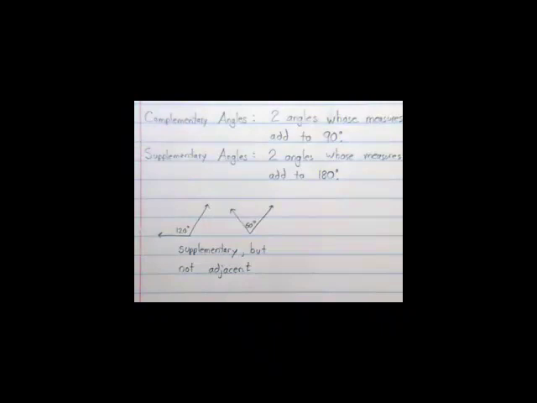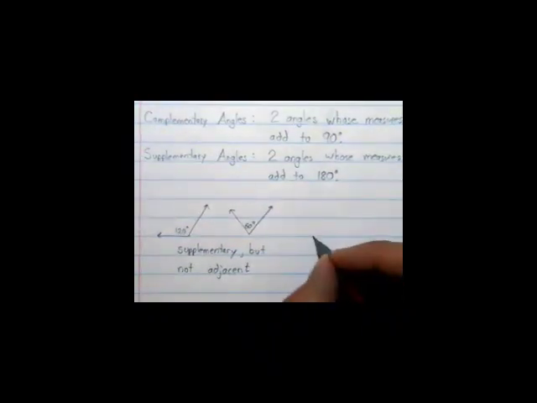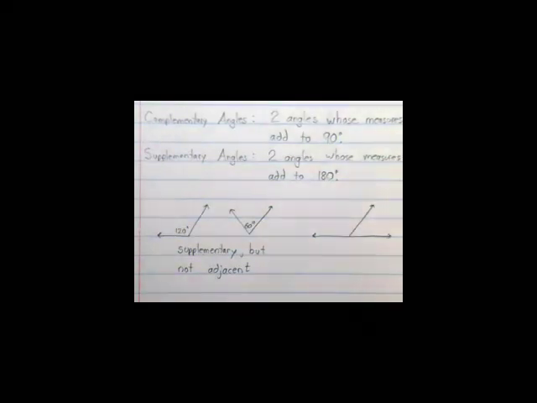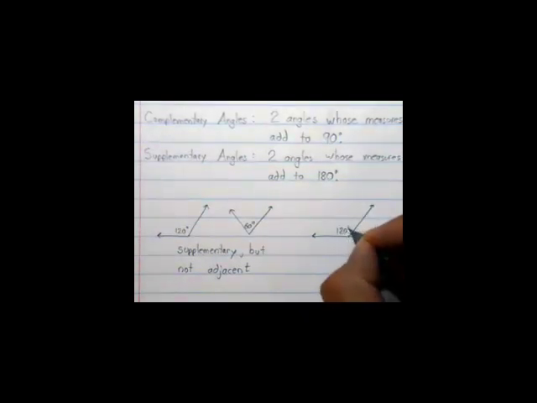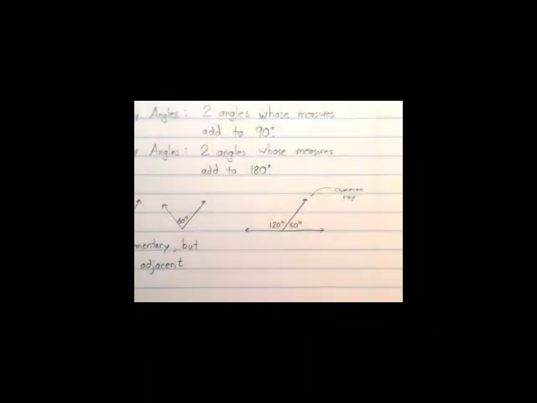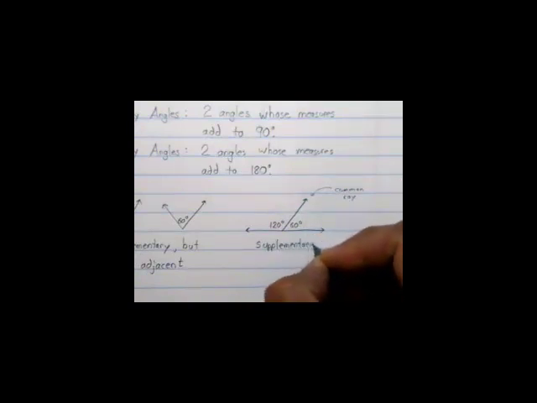If they happen to be adjacent, which means they have a common ray. So there's the 120, there's the 60. This is called a common ray because they share that ray, right? So these two are also supplementary and adjacent.